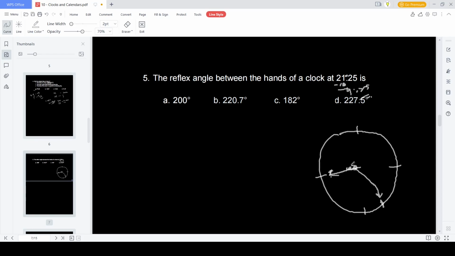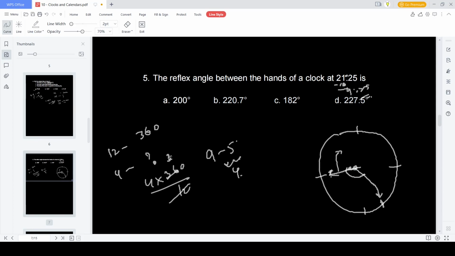Without the movement of the hour hand, the angle would be between 9 and 5. That is 4 hours in between, right? In 12 hours it moves 360 degrees, so in 4 hours you do 4 into 360 by 12. This comes as 30, so 120 degrees.